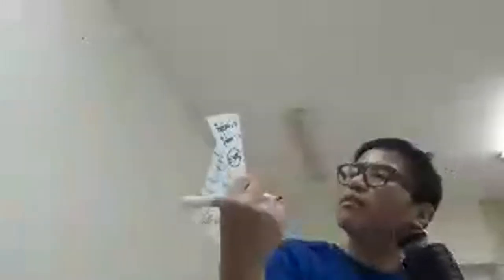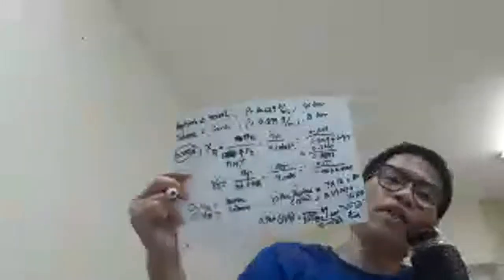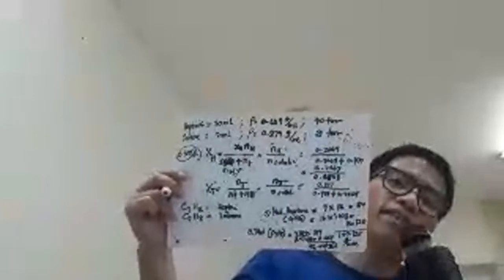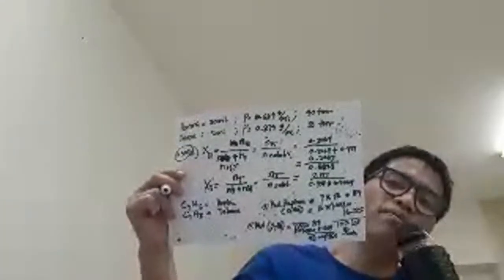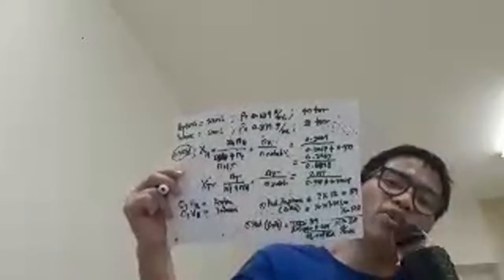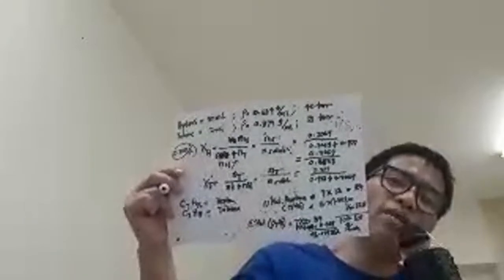So, 0.323. And what is our vapor pressure? Our vapor pressure is already discussed here. I put that here from the very beginning. The vapor pressure of heptane is 40. It's already given. If it is not given, you will refer to the table of vapor pressure at a certain temperature.